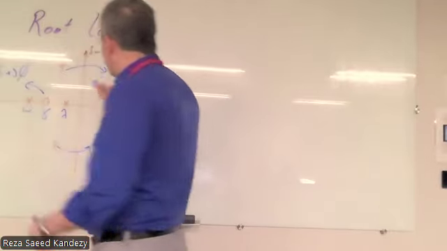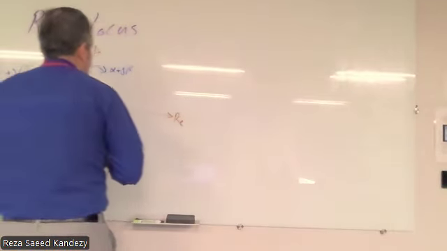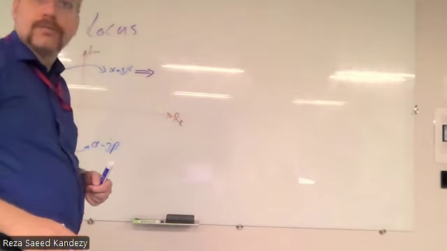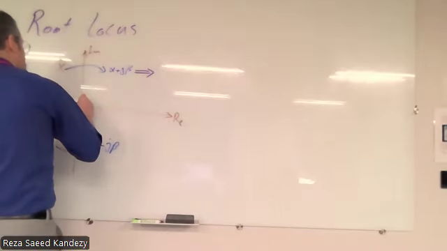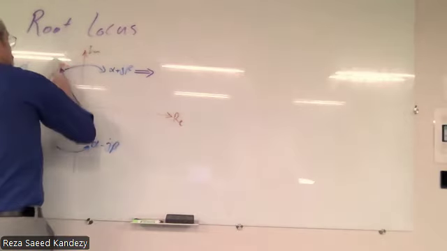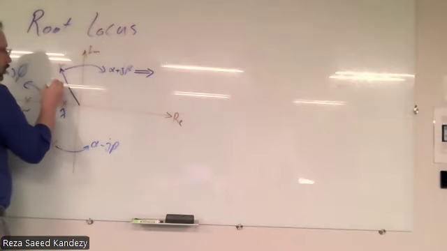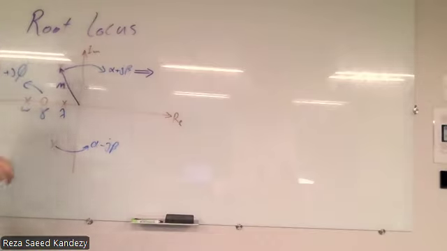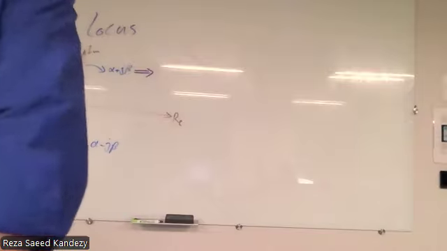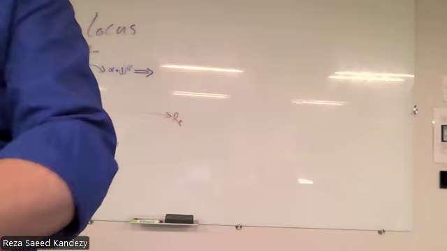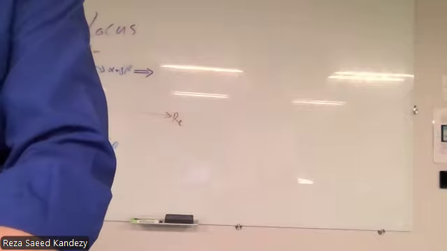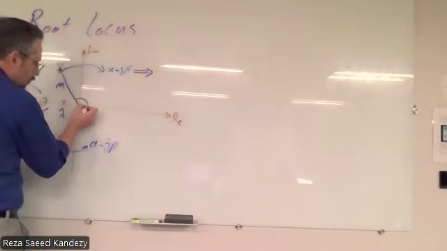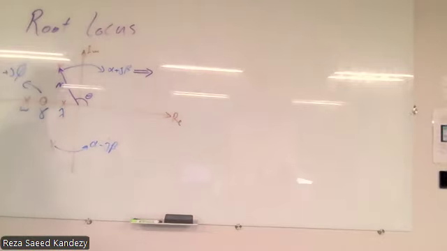For example, we can represent this complex number with a vector initiated from the 0, that has a certain amplitude or magnitude, and a certain angle with the real axis.